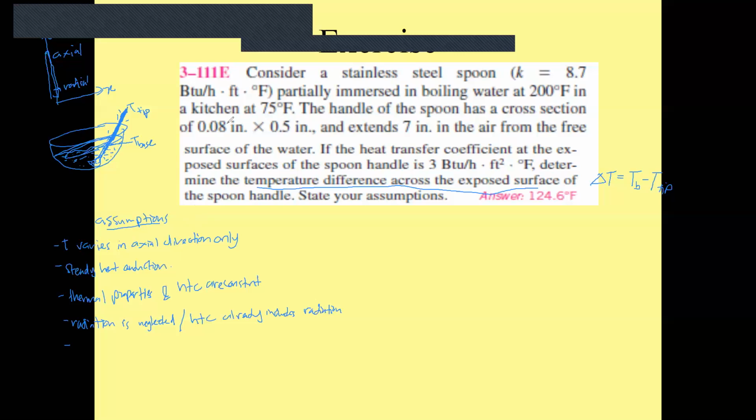Whereas in this case, it didn't say that; it says here 7 inches in the A. So this is 7 inches in the A. And you see that it is very long compared to the cross section, or to the diameter, or the width of the spoon.